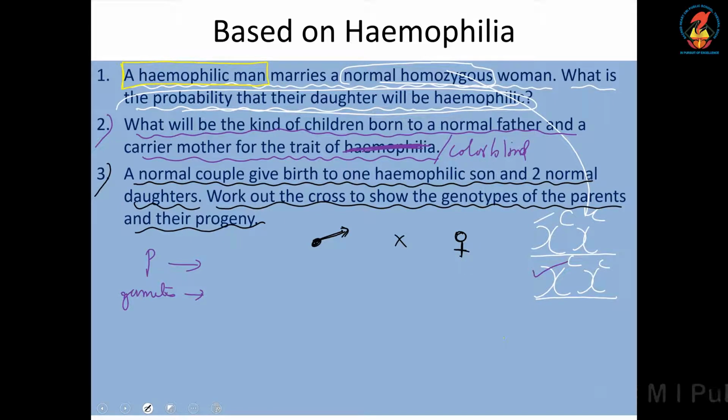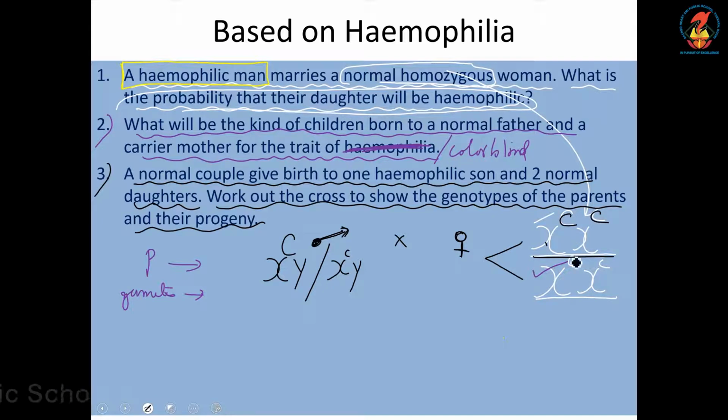For the father being normal, there are only 2 options, X^C Y or X^c Y. For the mother, there are these 2 options for her to be normal: X^C X^C or X^C X^c. But it is very clear that the father is normal, so I cannot go with the X^c Y option, but I must go with the first option.